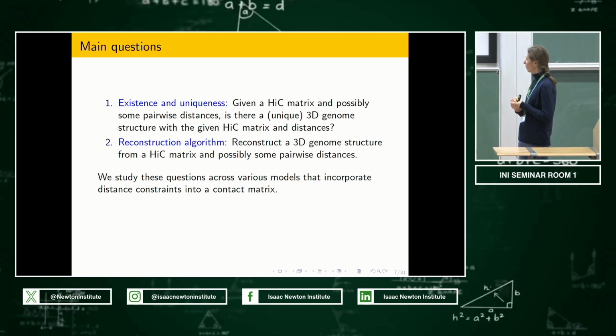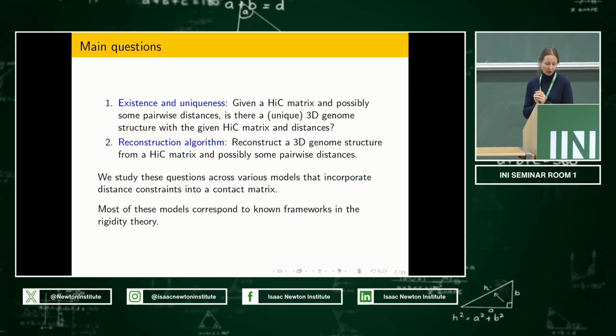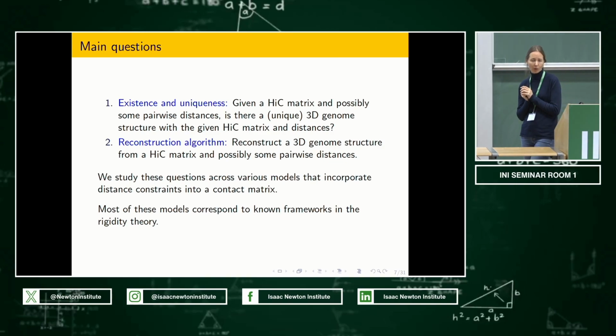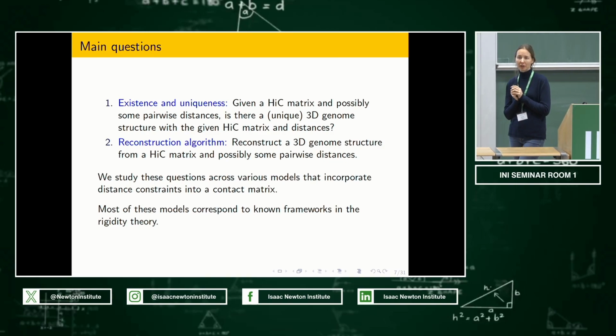So in this talk, I will tell about 3 different models. And it turns out that these models correspond to known frameworks in rigidity theory.